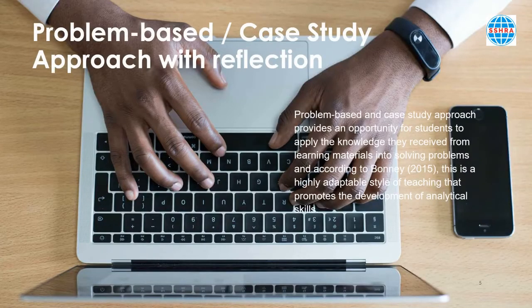Now for our problem-based case study approach, we call it PBL. This is a teaching method in which complex real-world problems are used as a vehicle to promote student learning of concepts and principles.